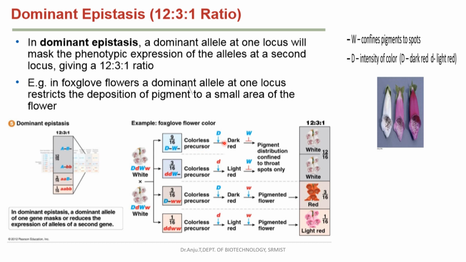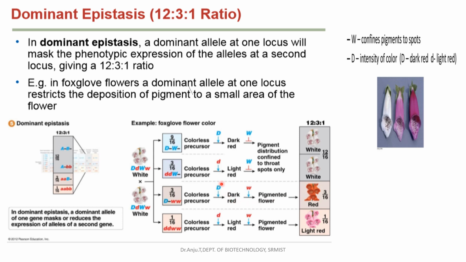Even if D is producing dark red or light red, when the dominant allele of the second gene is present, the pigmentation will be restricted to the throat of the flower. Only when the recessive allele is present will the pigmentation be throughout the flower.